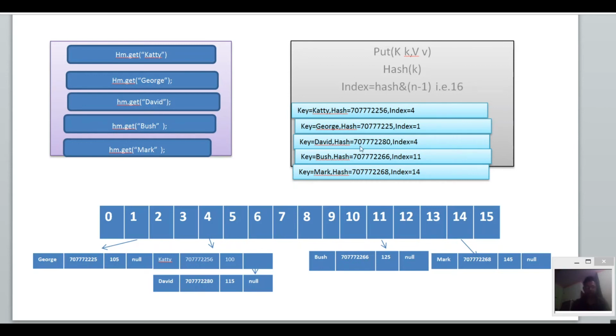We can see 7077772280 here also the same value is present. After that the key will be compared. Both keys are the same. Thus 115 as a value will be returned to the caller. In the same way for Boost and Mark, we will get their respective values 125 and 145.